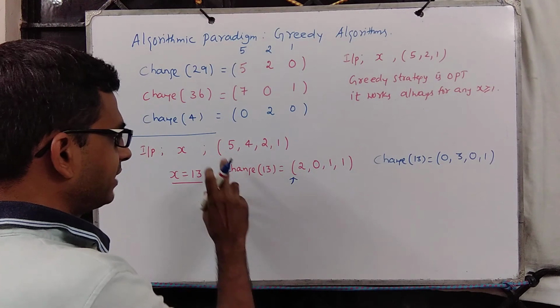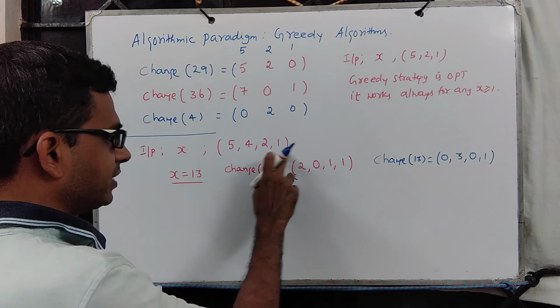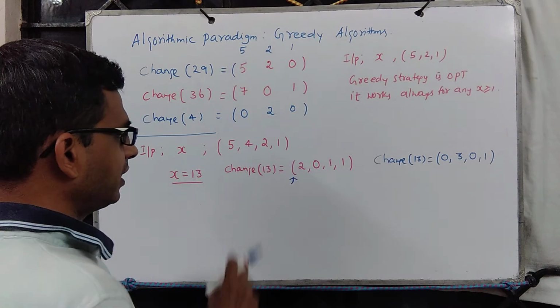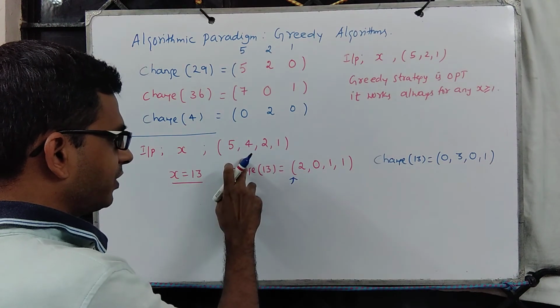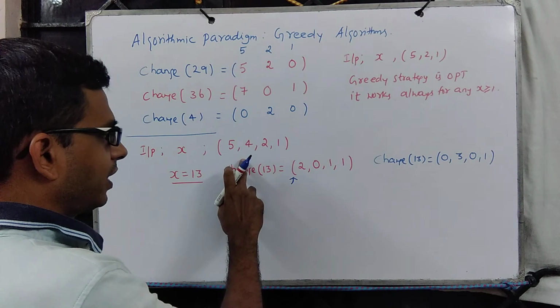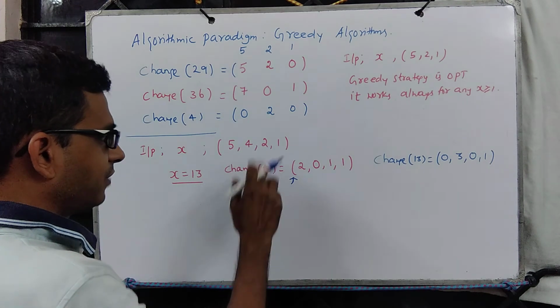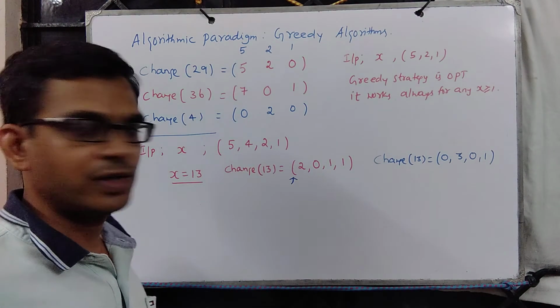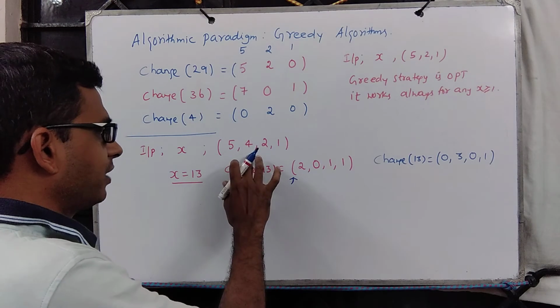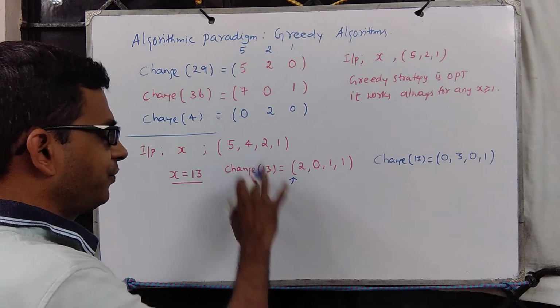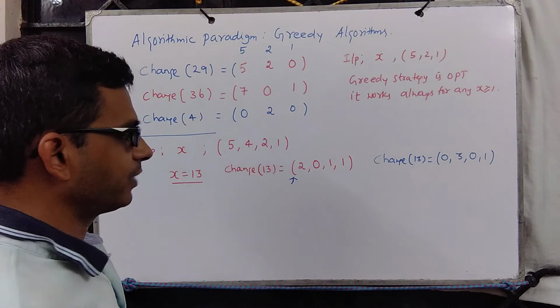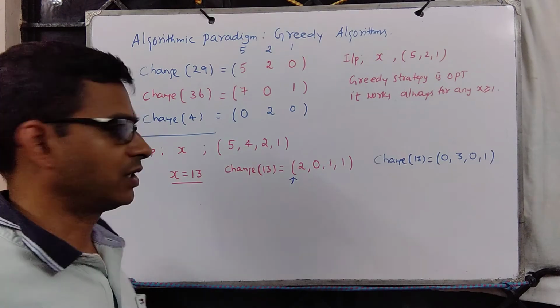Our algorithm says sort the denominations in decreasing order, supply the maximum number of 5 rupee coins, and when you know you cannot supply more, start supplying 4. And when 4 cannot be supplied, start supplying 2 and so on. That's all.